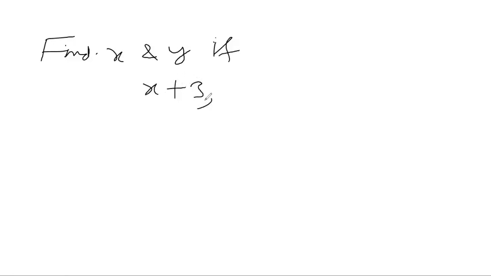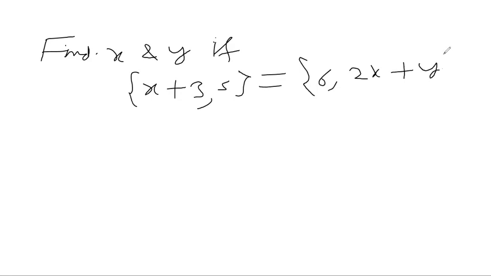Now there is a question I am giving you. Find x and y if (x + 3, 5) is equal to (6, 2x + y). What does it mean? This is equal to this. It means x plus 3, the first element of this set, is equal to the first element of this set.